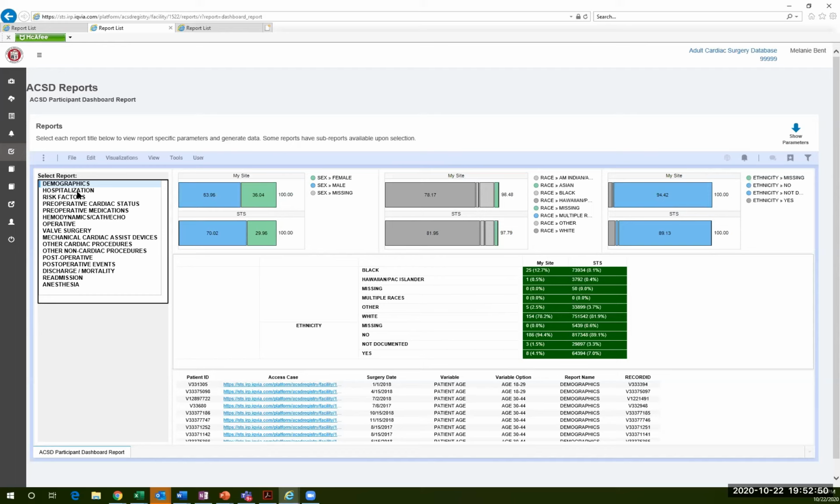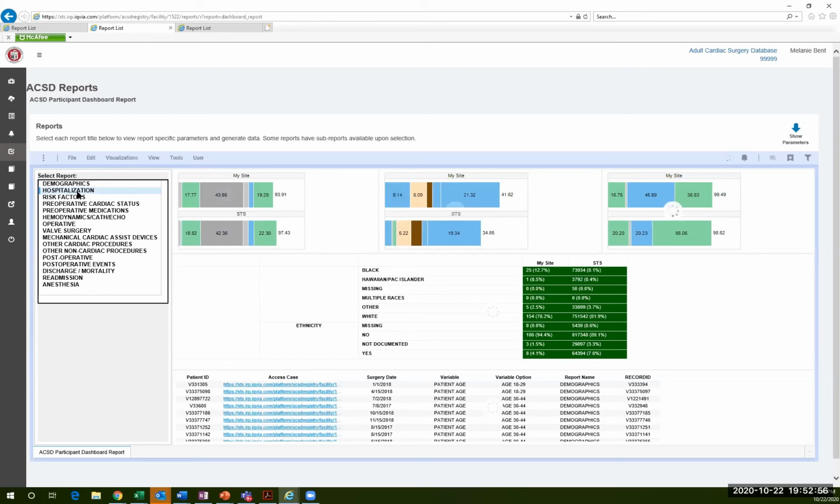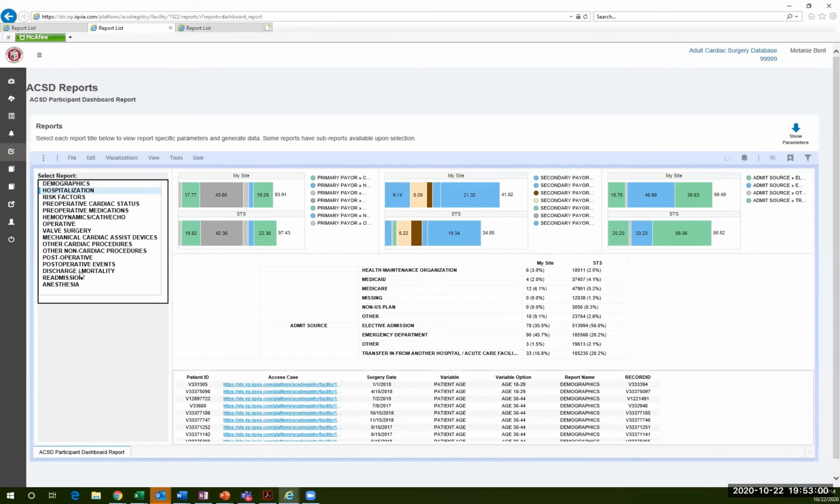So just going down, and I know that we are coming to time, I just wanted to bring you to different things that, once you're in the report, you're able to drill down and see specific information. One thing that I wanted to highlight is within the risk factor section.